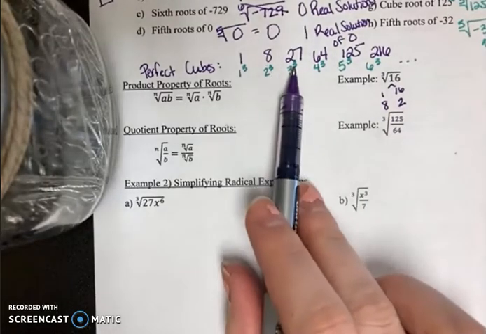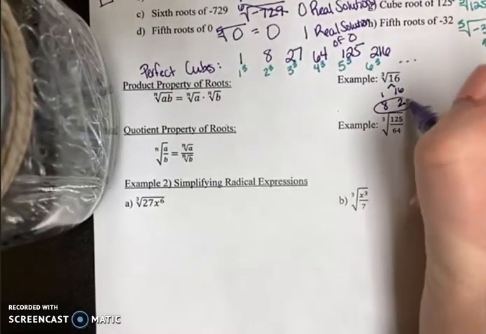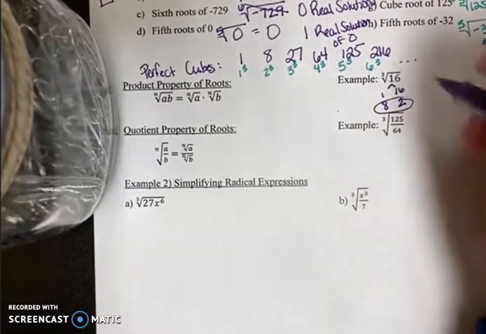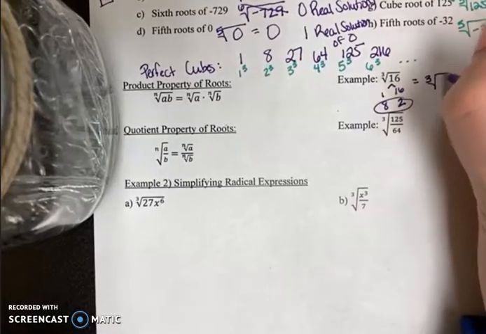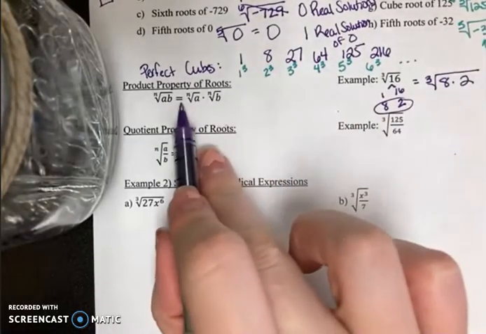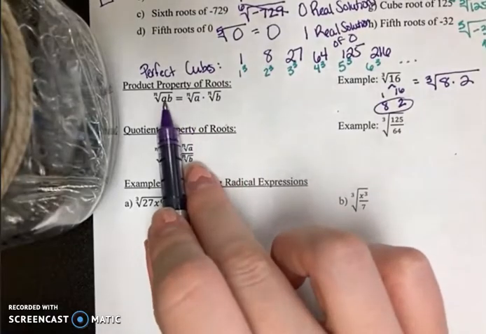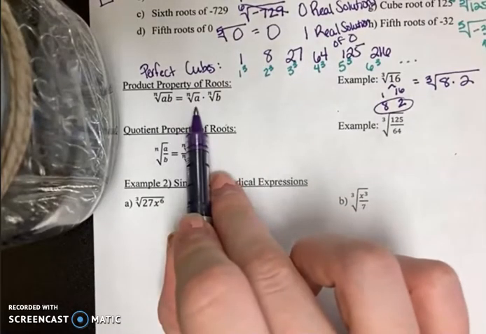And it's not divisible by any of these larger numbers. So I want to rewrite 16 as the cube root of 8 times 2. And I'm doing that because I'm going to end up using the product property, which says if it's two things being multiplied together, we can break it apart.